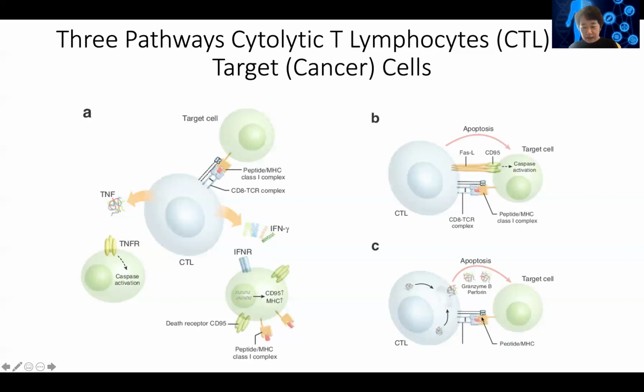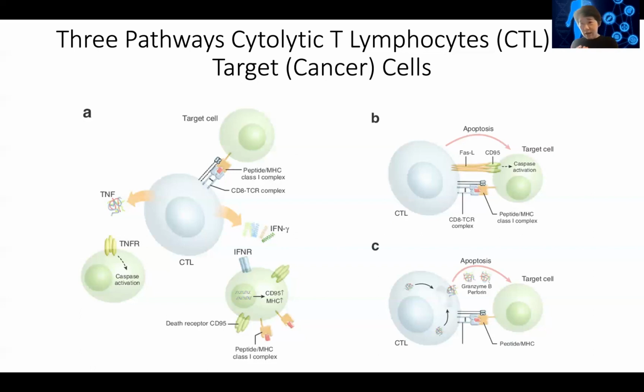And the third one, also this is through contact. So you can see when the TCR is interacting with the foreign antigen, on the interaction surface between the T cells and the cancer cells, the T cell has something called perforin, which is a protein that can punch a hole on the cancer cell surface, and then secrete granzyme, which is another type of toxin, into the cancer cells through those holes.